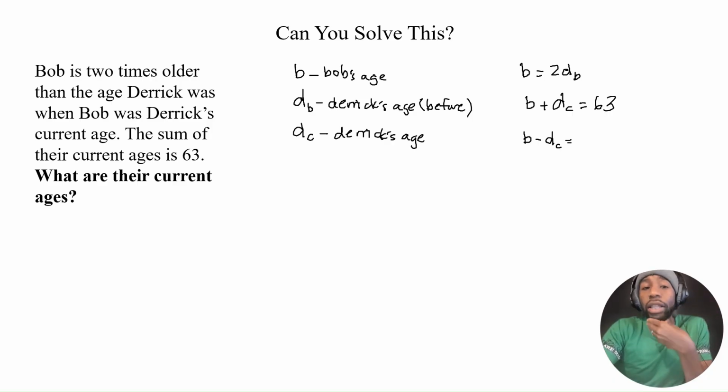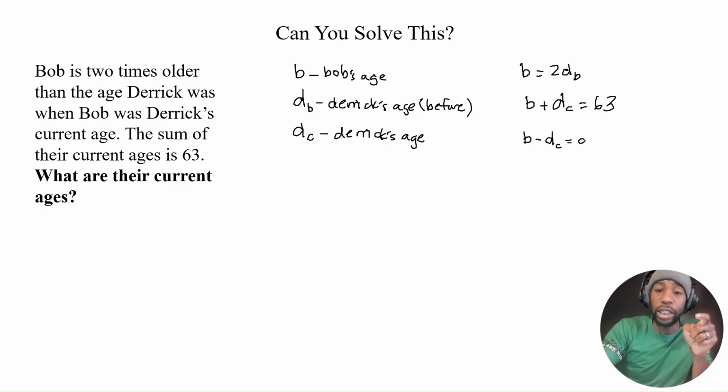Now, how are we going to write that? Okay, so Bob's past age. This says Bob is 2 times older than the age Derek was when Bob was Derek's current age. So that means that Bob's age in the past was Derek's current age.